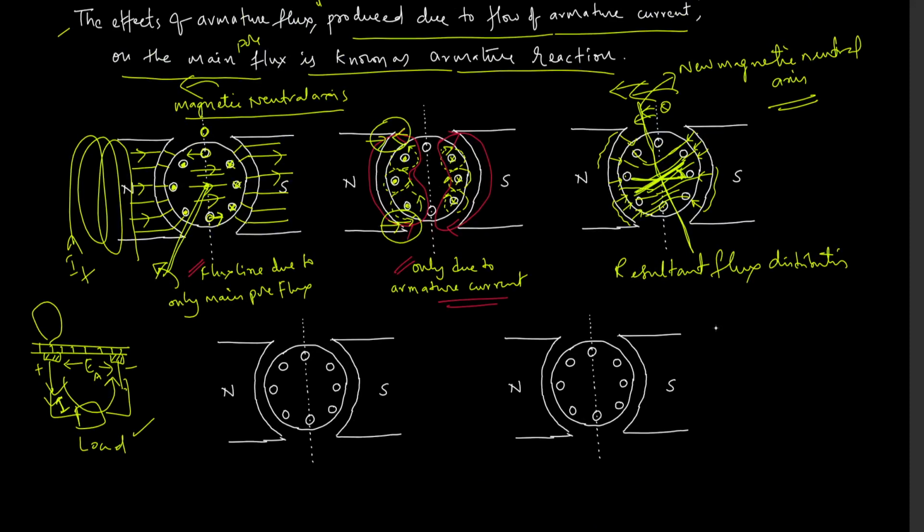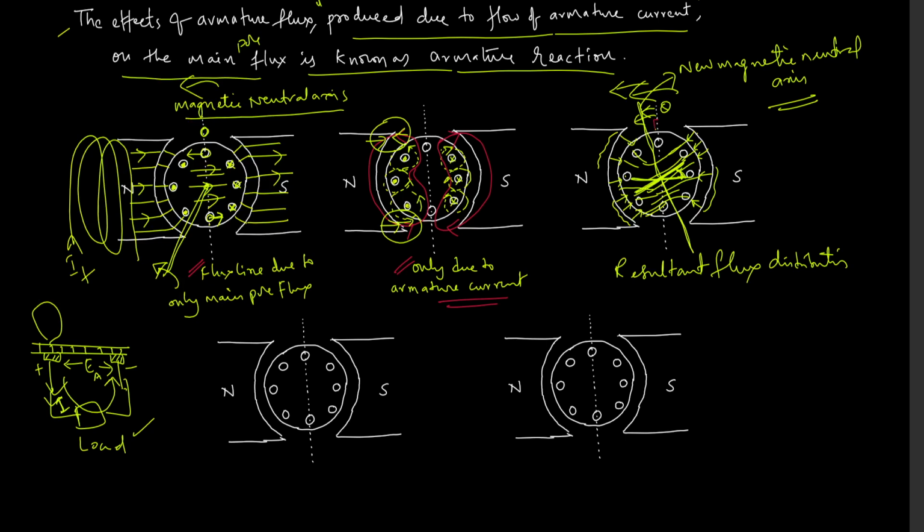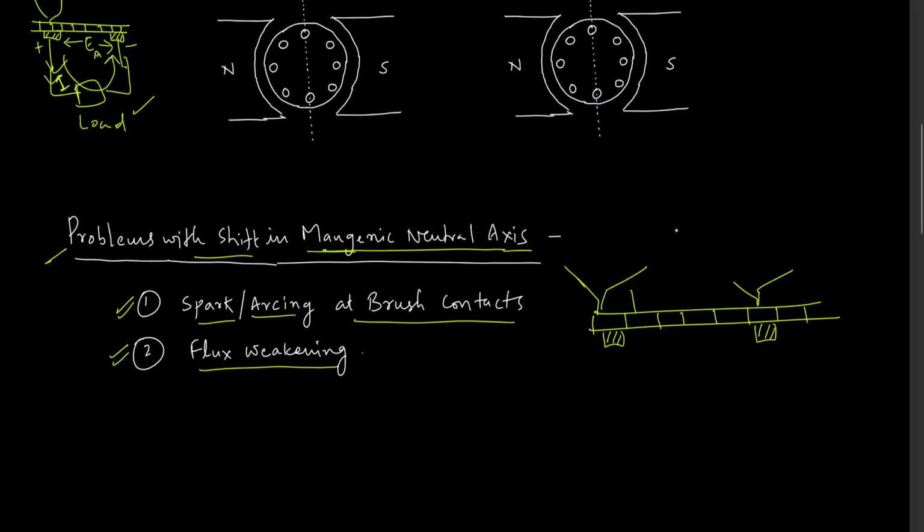We try to place the brushes on the magnetic neutral axes, something like this, because the EMFs induced in these coils will be zero. Okay, let me explain.